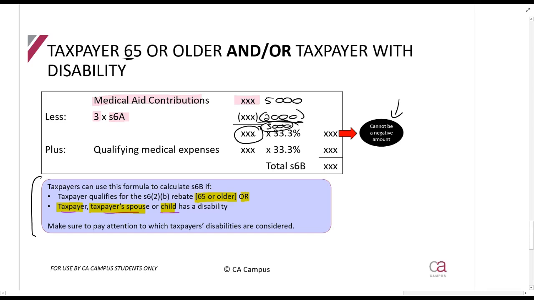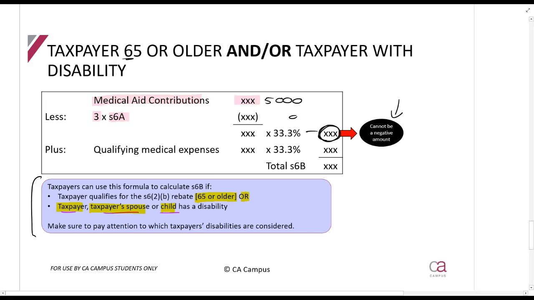You take that 3,000 and you multiply it by exactly 33.3%. Not 33.3333, not a third, exactly 33.3%. That gets you that amount over there. That's the first part of your calculation.